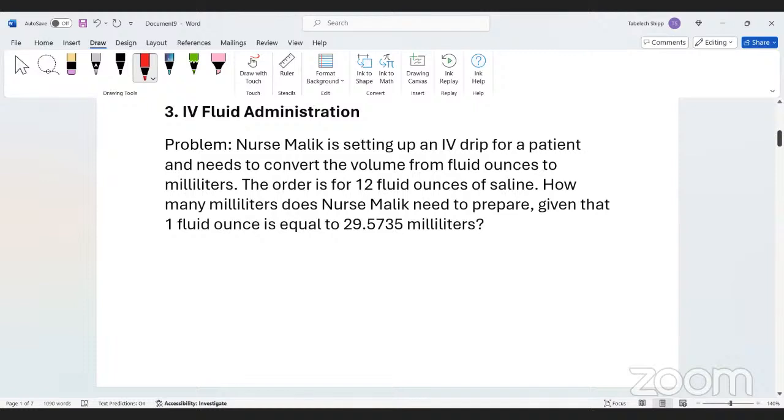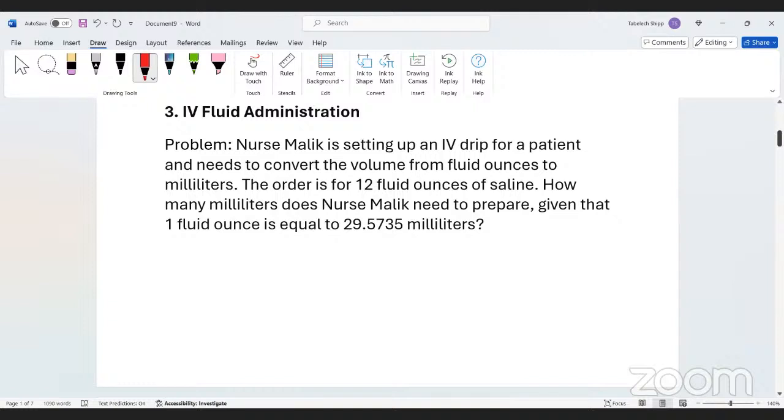Okay, Nurse Malik is setting up an IV drip for a patient and needs to convert the volume from fluid ounces to milliliters. The order is for 12 fluid ounces of saline. How many milliliters does Nurse Malik need to prepare, given that 1 fluid ounce is equal to 29.5735 milliliters?